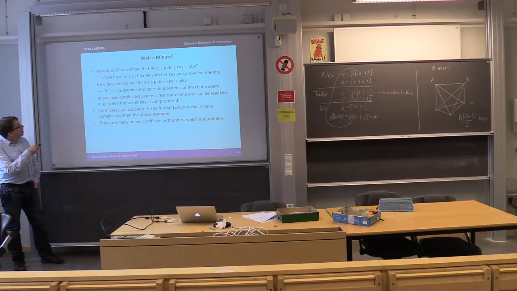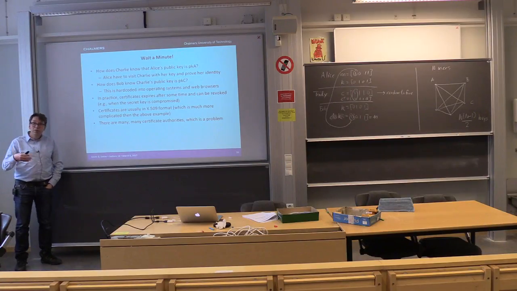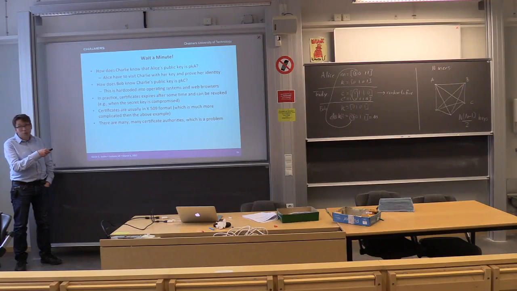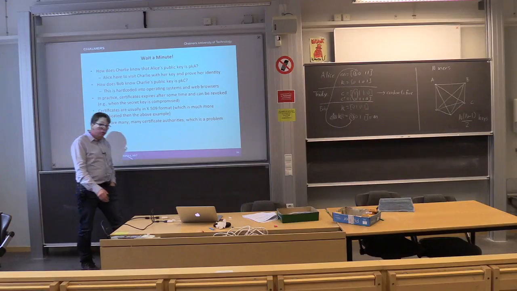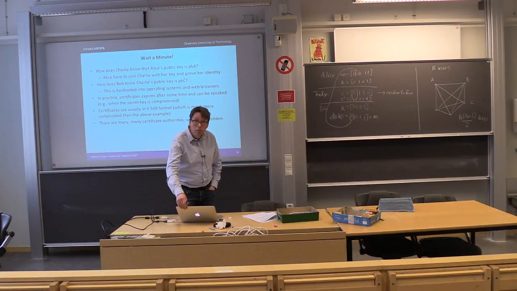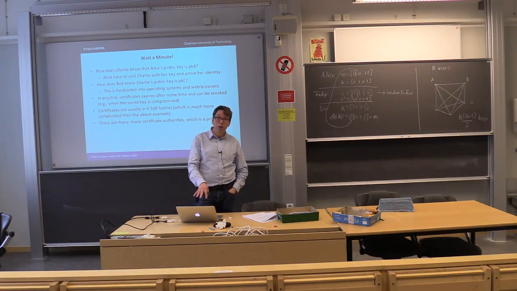How does Bob know Charlie's public key? How do I know the certificate authority's key? It's hard-coded into the operating system or into the web browser. When I buy this, a number of public keys to certificate authorities are hard-coded into the operating system.